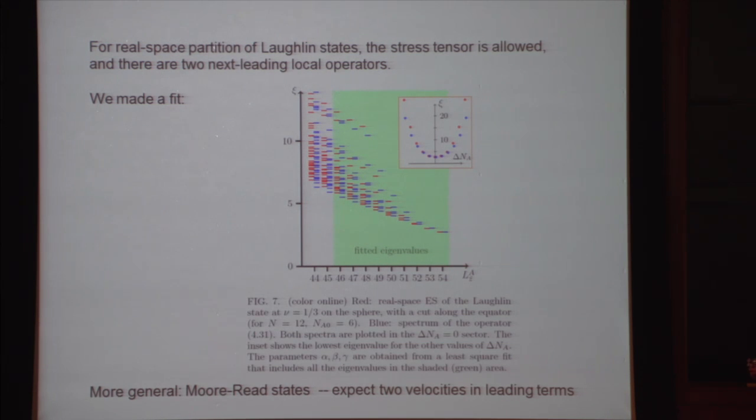Since we have three unknown coefficients, we made a kind of chi-squared fit to get a best fit to some bunch of eigenvalues in the spectrum. So the red ones are the real spectrum. The blue ones are from the operator I just said, and if you can see this, you see that there's a fairly good correspondence, and in particular the structure with these branches that appear here and go in, appear here, go in, and so on, is quite well reproduced.